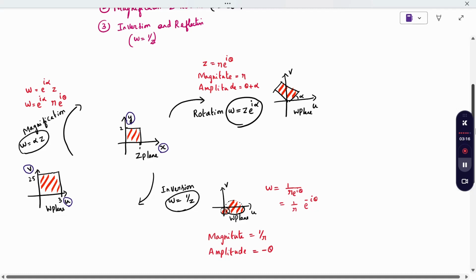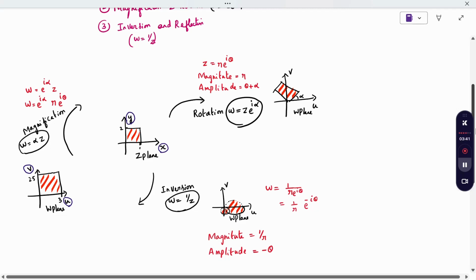Alpha into Z means alpha times Z. For example, if it is a rectangle, the same rectangle will appear in the W plane, but a little bigger. If it is a square, the square will increase. The size of the diagram increases. It is called magnification.